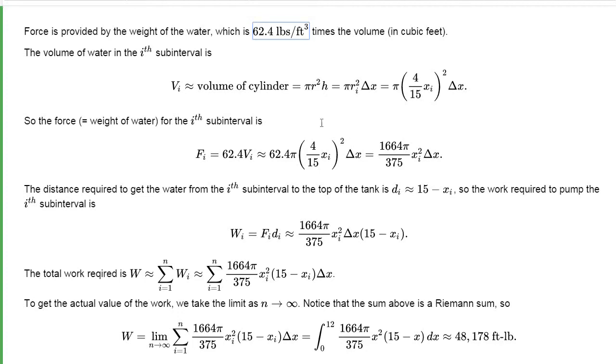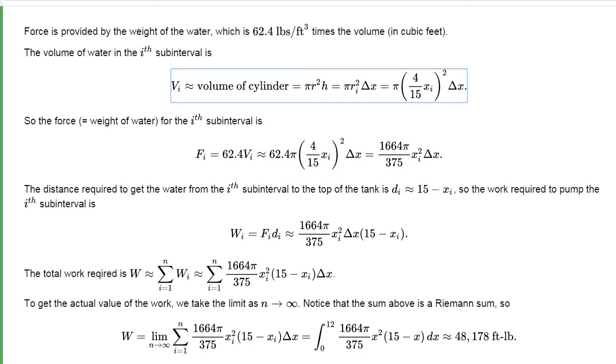The volume of my ith subinterval of water is approximately the volume of a cylinder of water. Okay, it's not exactly a cylinder, it's a piece of a cone, but approximately the cylinder, which is pi r squared h. R is given by r sub i, h is given by delta x. I'm going to replace r sub i with 4/15 x sub i, which I just figured out above.